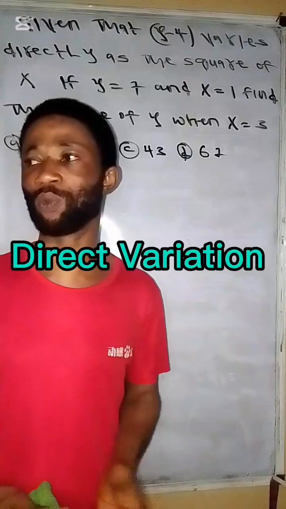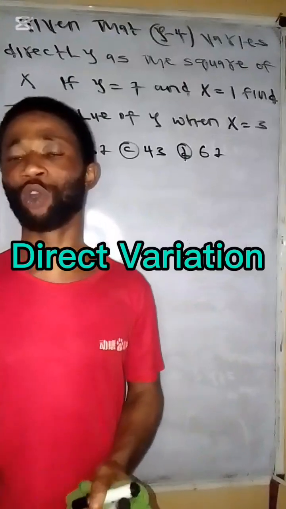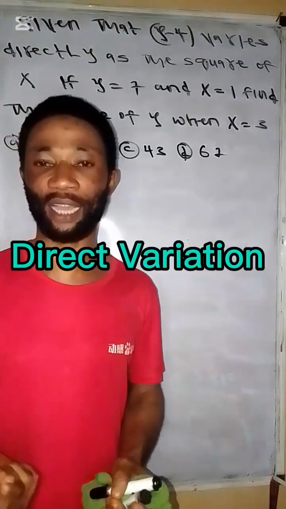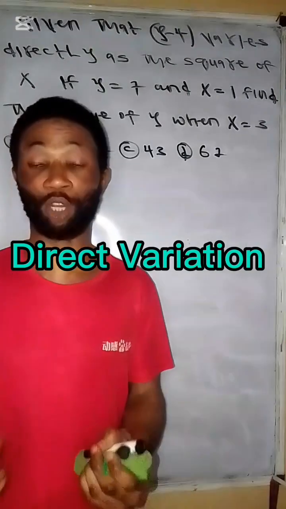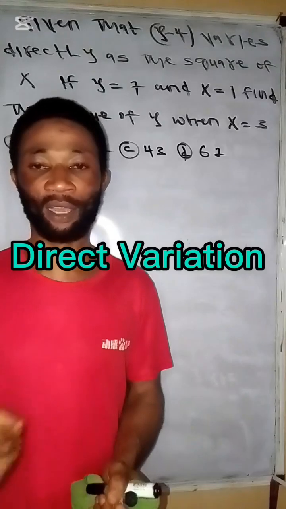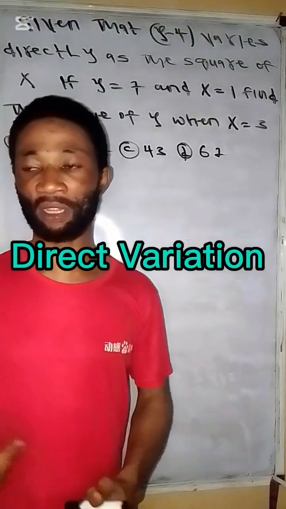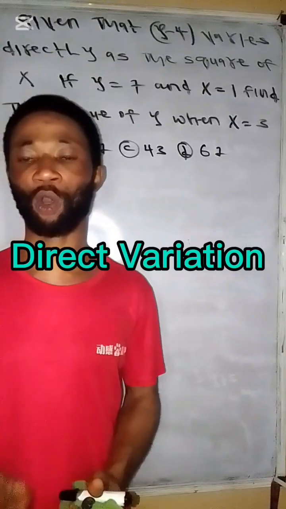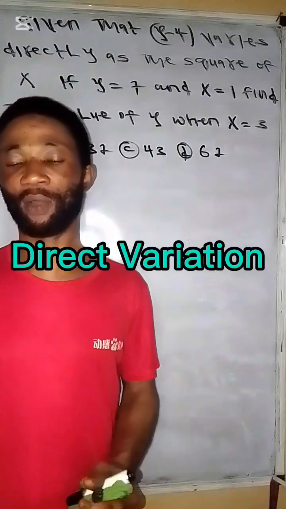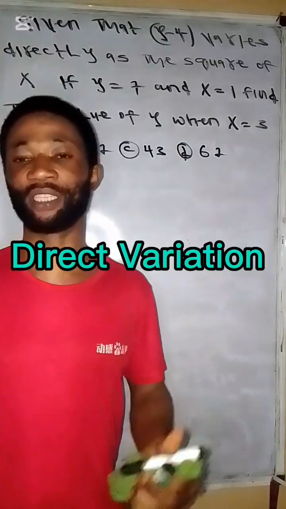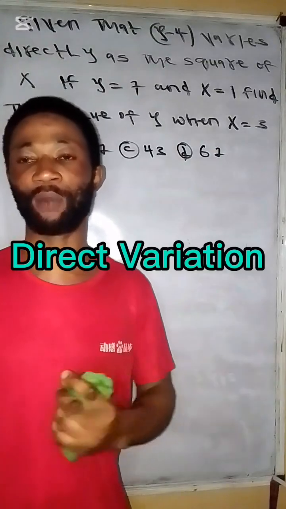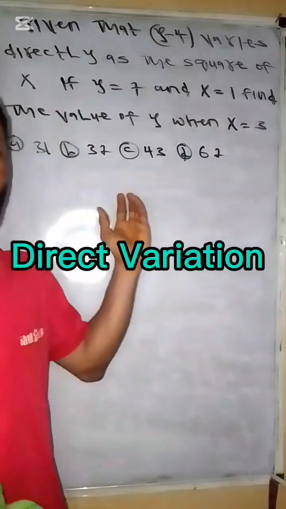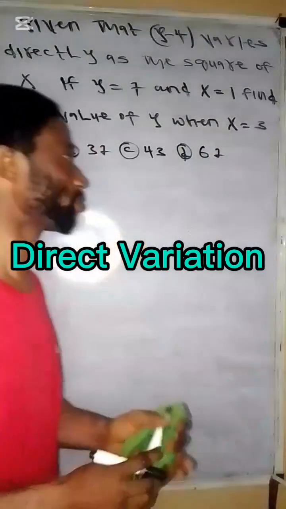Then number two, we remove the proportionality sign and introduce the constant of proportionality with our equality sign. Then step three, we solve the equation to find the constant of proportionality. Then we insert this into the original relationship to get the connection between the variables. Now let us start with a particular question.